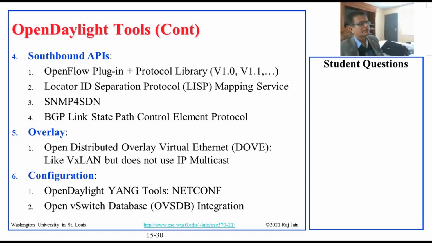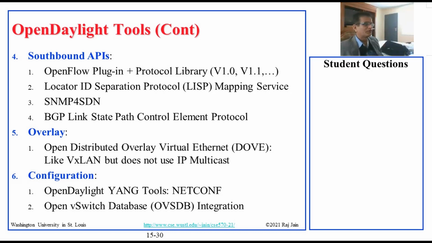They came up with the idea that every device would have not only the locator, which is the IP address, but also the ID, so that I can know that this is your computer, Rajan's computer. And its IP address may be different at different times, but it is still the same computer. So we need to have like a MAC address and the IP address. MAC address is the ID, IP address is the locator. We need to separate these two, so the whole set of protocols is LISP.